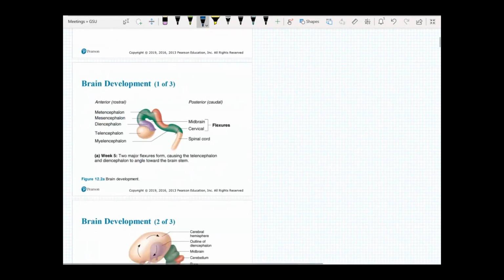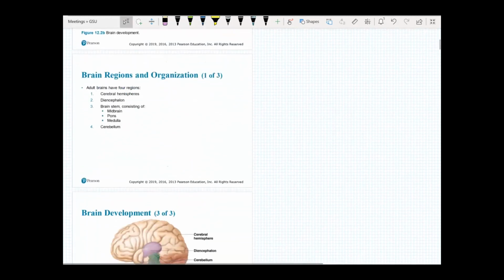And so you can see how here's our neural tube, and then we essentially start folding in on ourselves like this. So when we get to the final brain organization, there are going to be 4 primary areas of our brain's regions. So we will have the cerebral hemispheres, there will be a right and a left because they're on either side.